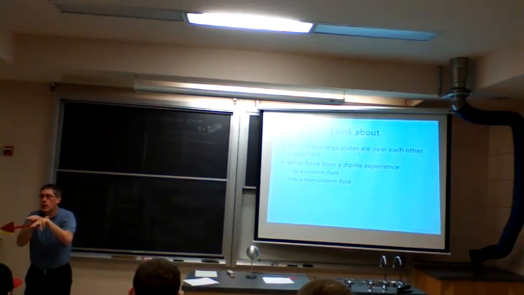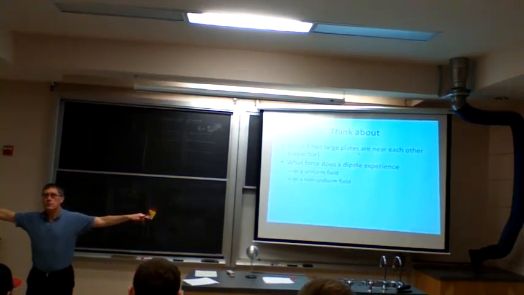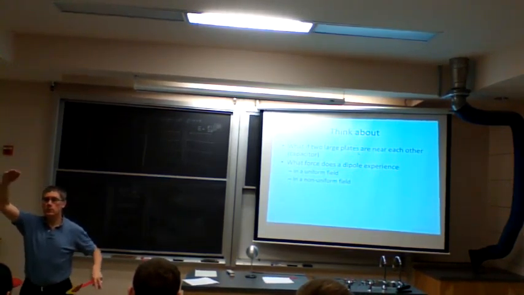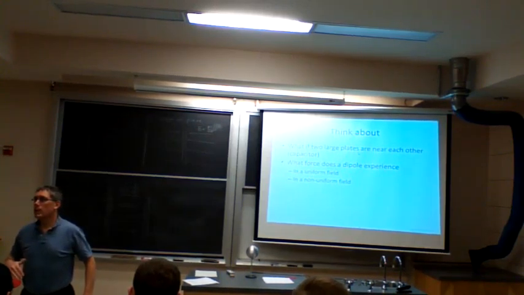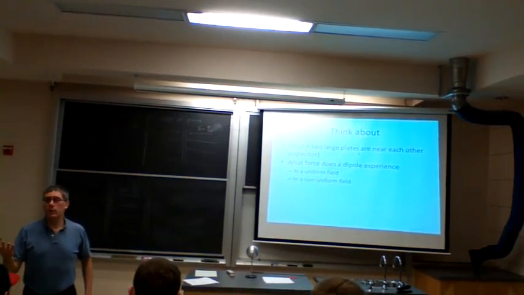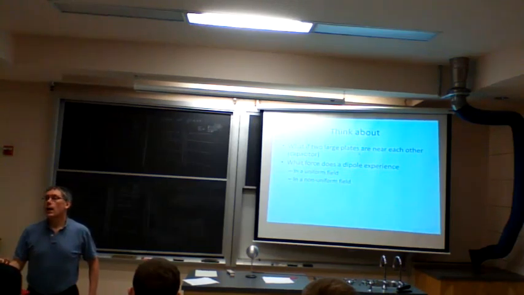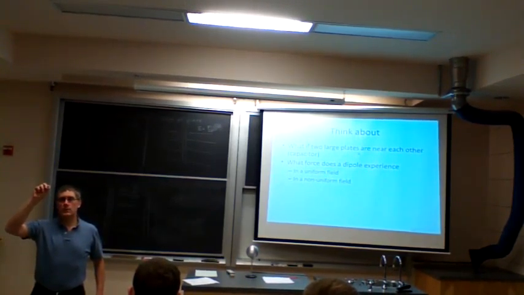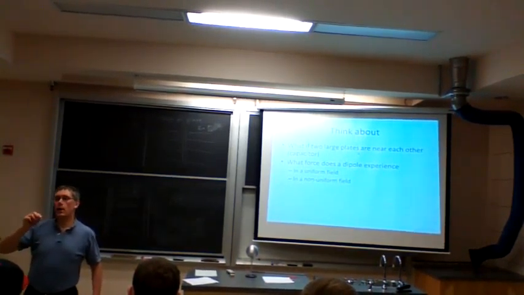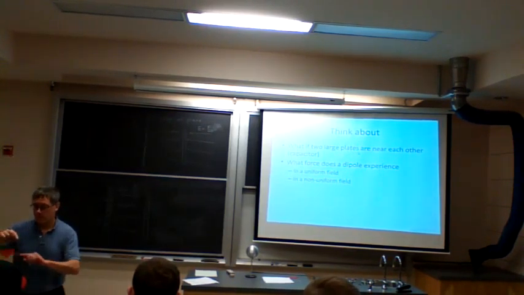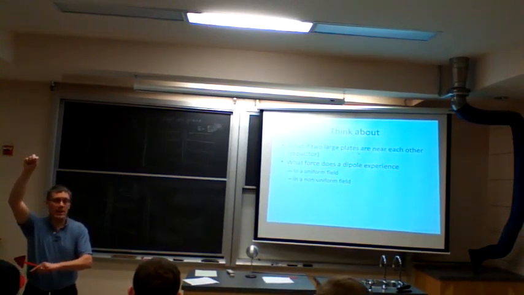In the same way, if the plate was infinitely large, there would be no difference between the two fields. Now, are there any infinitely large plates? No. Will there be some slight variations? Yes, just like there really are some slight variations in gravity between here and here. It's just not discernible.